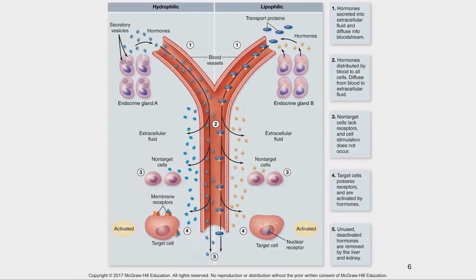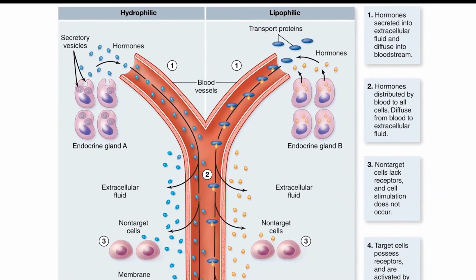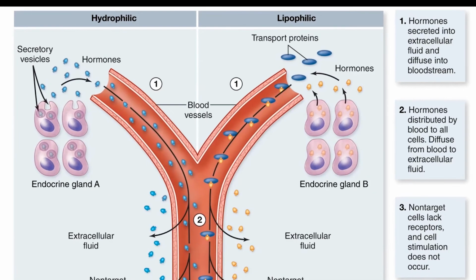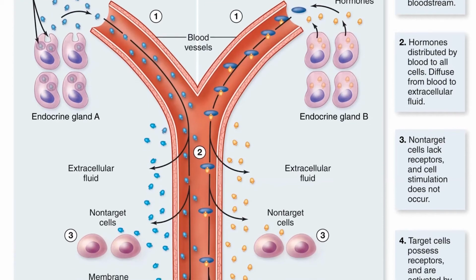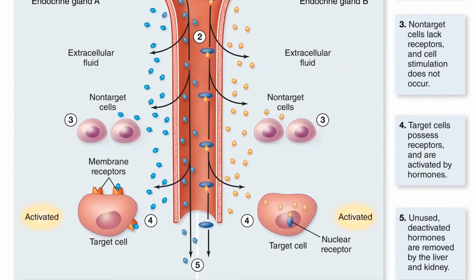And here we're seeing a comparison of both hydrophilic and lipophilic hormones, and that they're both transported to targets through the blood, but the lipophilic hormones bind to transport proteins, which makes them soluble in blood. And when we get to the target cells, we see that the target cells for hydrophilic hormones have membrane receptors, and the lipophilic hormones bind receptors inside the cells, or intracellular receptors.